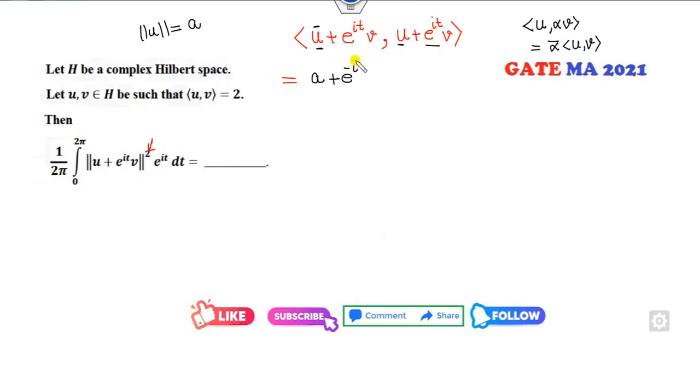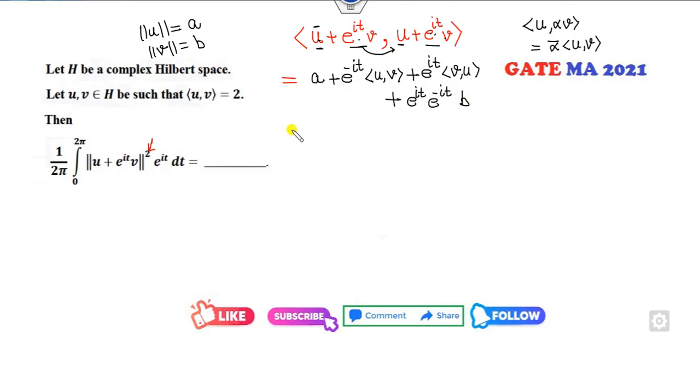It's e raised to power minus iota t times inner product of u and v, plus I can write here e raised to power iota t times inner product of v and u, plus this times this, e raised to power iota. Alpha I can take outside as a complex conjugate, and v with v, so I can assume the norm of v is b.